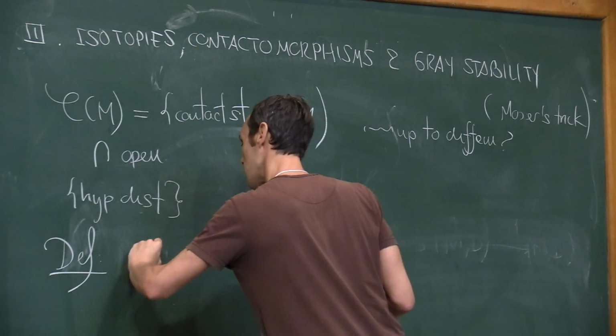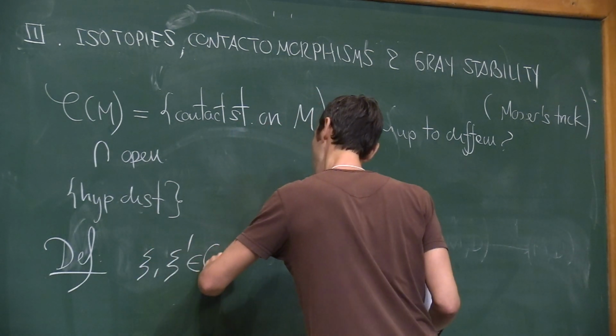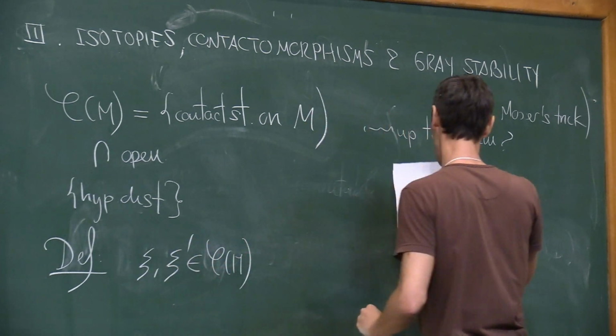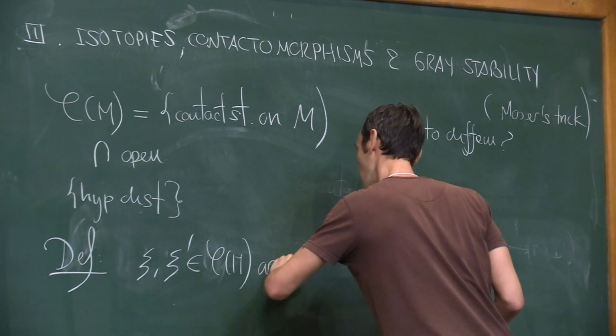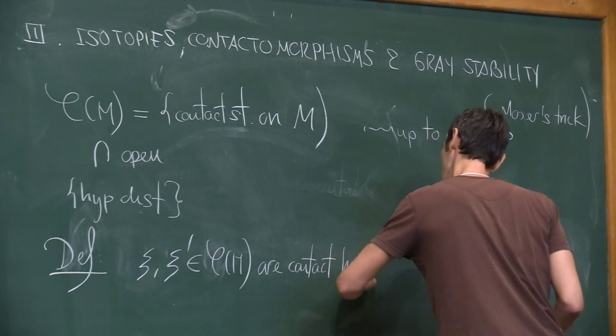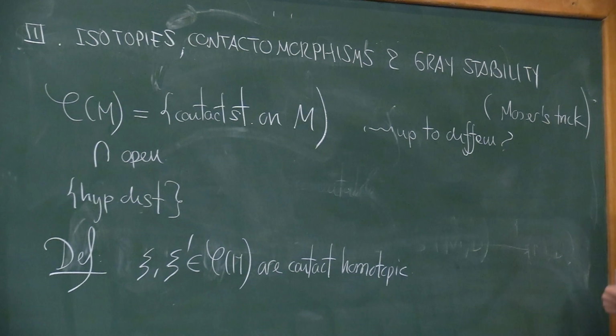I'll say that two contact structures, psi and psi prime on M, are contact homotopic if there exists a path of contact structures that joins them.